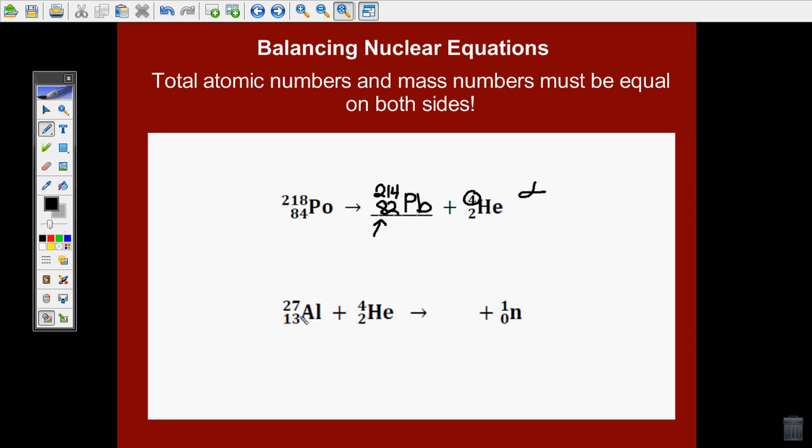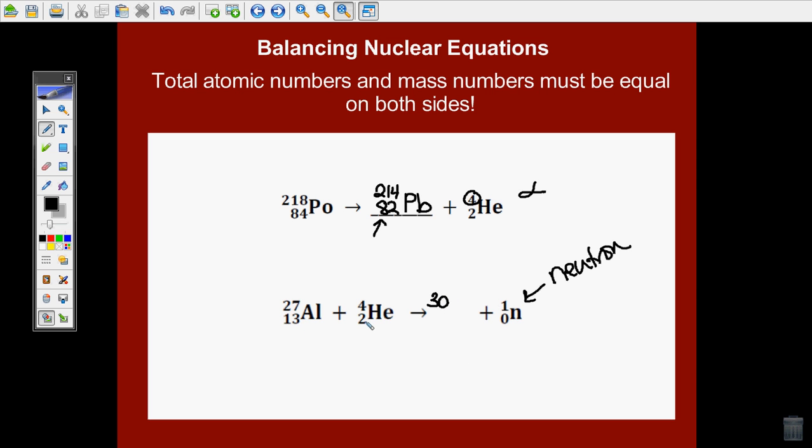Now here we've got aluminum being bombarded with an alpha particle, which lets off something and a neutron. This is the symbol for a neutron. Okay. So 27 plus 4 would give me 31, but here I've got a 1 for my mass number over here, so I just need 30.